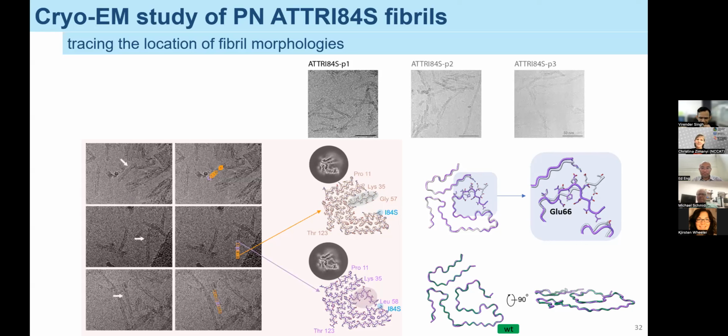Yes, maybe I'll tell about type A and type B. Most of the structures which I'm showing are coming from type A, and type A fibrils consist of full length transthyretin as well as fragmented transthyretin. Type B is only full length transthyretin, so there are no proteolytic fragments.